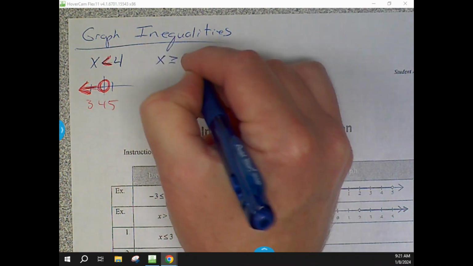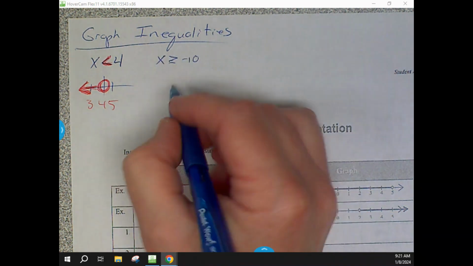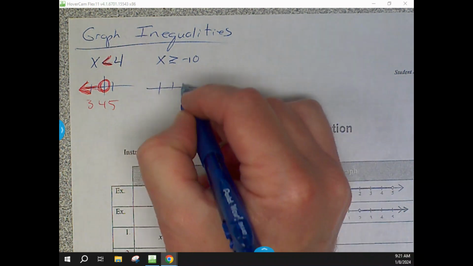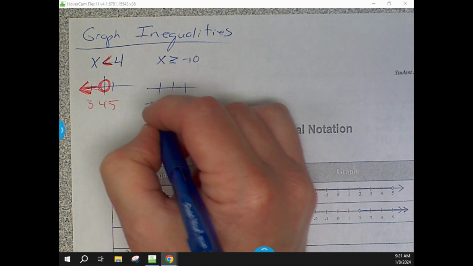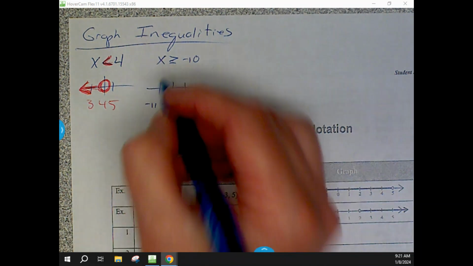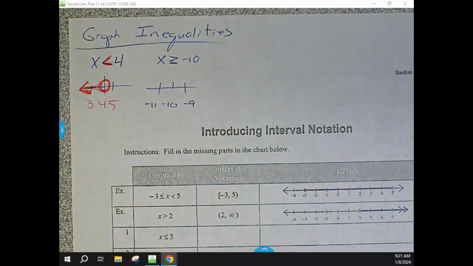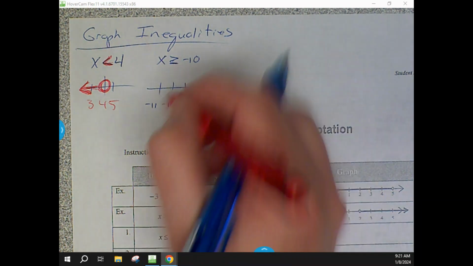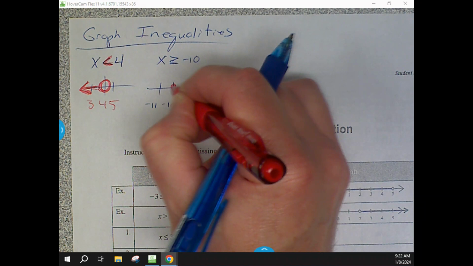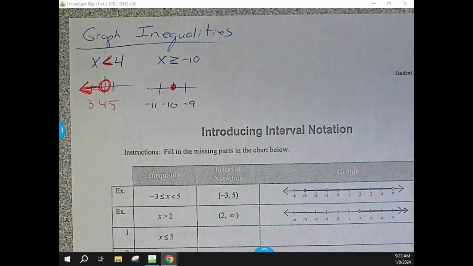Okay, if you're graphing x greater than or equal to negative 10, if there's our negative 10, that would be negative 9, that would be negative 11. If you put the bar underneath it to make it the greater than or equal to, the big difference is in that case, when you put your circle here at negative 10, it's a solid circle.